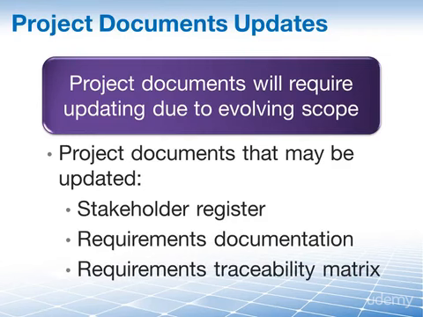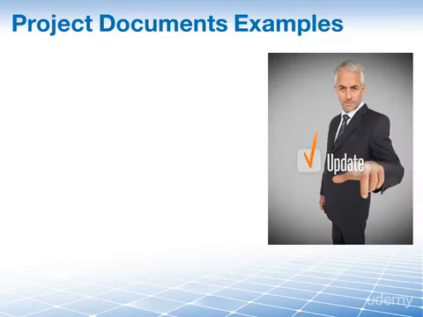The iterative nature of this process, defined scope, will result in a project scope description that continues to be revisited and refined as the project continues. The progressive emergence of the project scope means that project documents will require updates. Let's look at these a little bit more in detail.